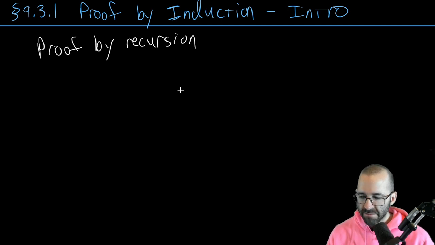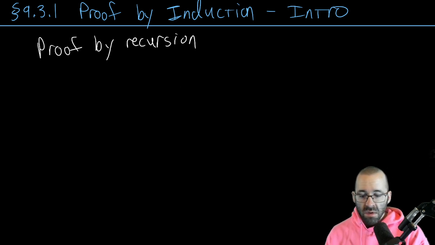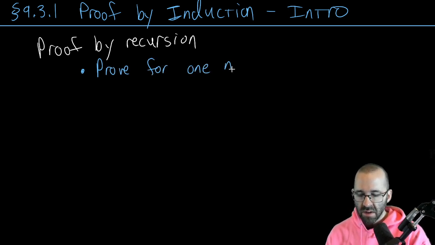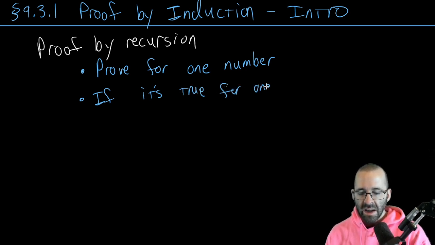But yeah, again, the overview of what we're doing is essentially we're going to prove this for one number. And then if it's true for one number, is it true for the next?